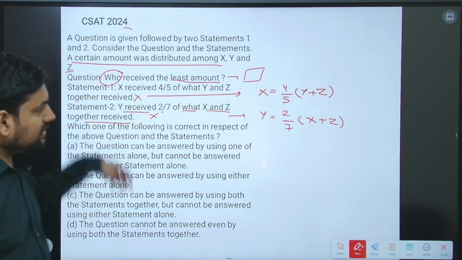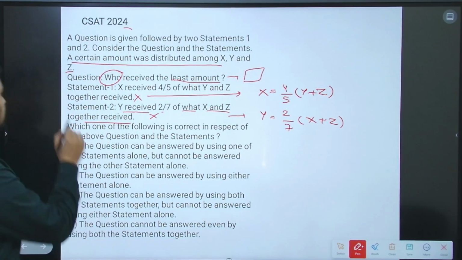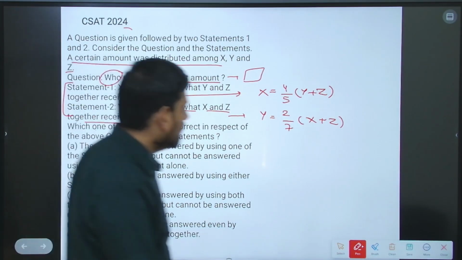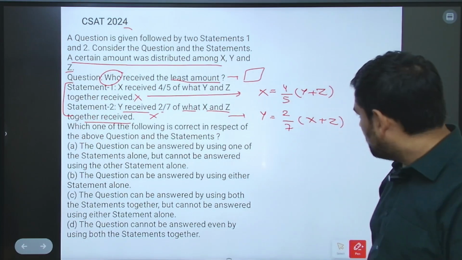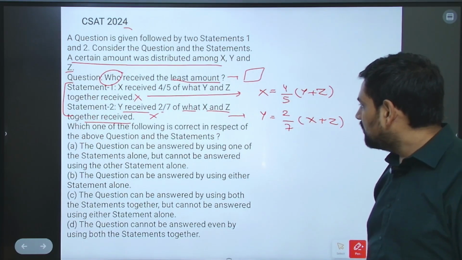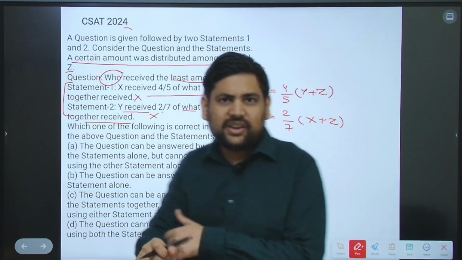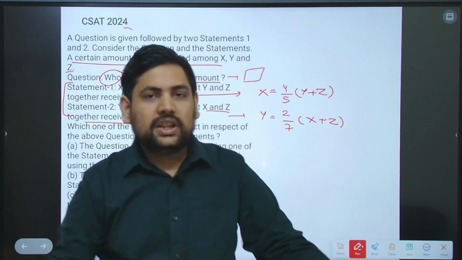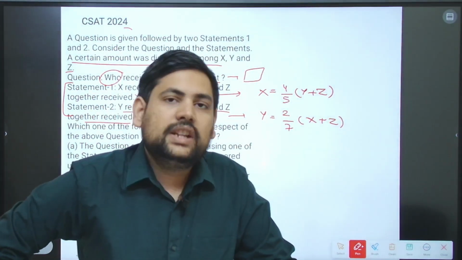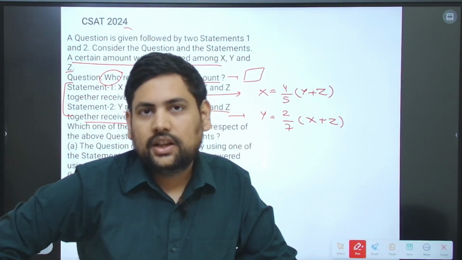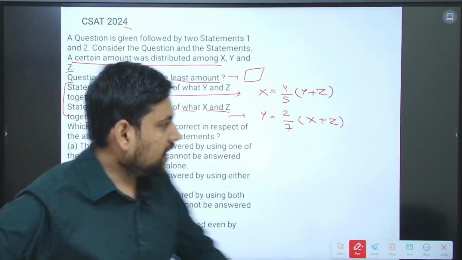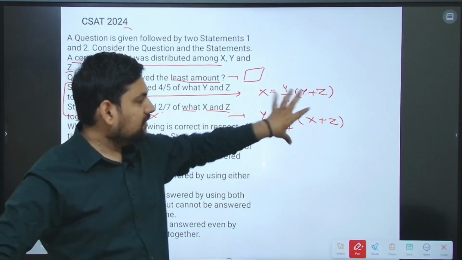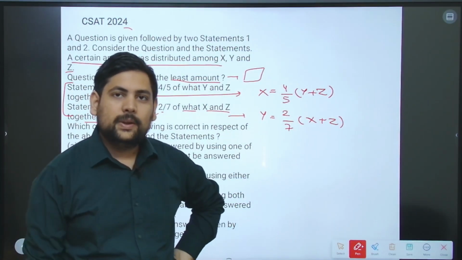Okay, now let's see the combination of both of them. So x is this, y is this. Now let's try to solve this. By the way, can you think that we will get to something that will tell us which one will be the least? Can you think that these two equations will give you something?